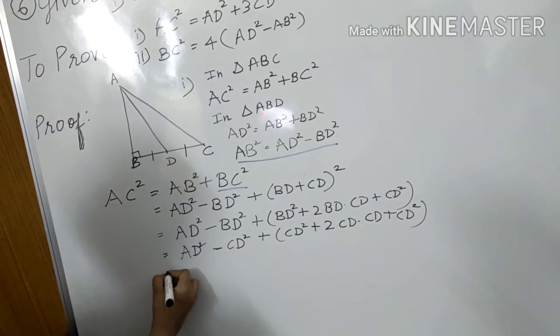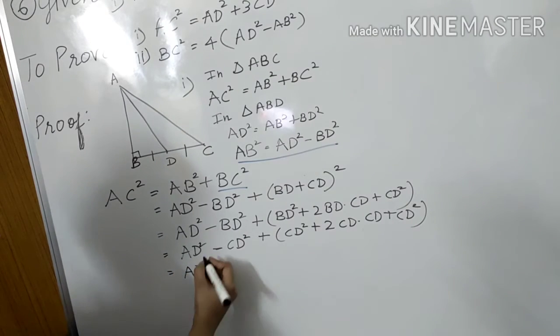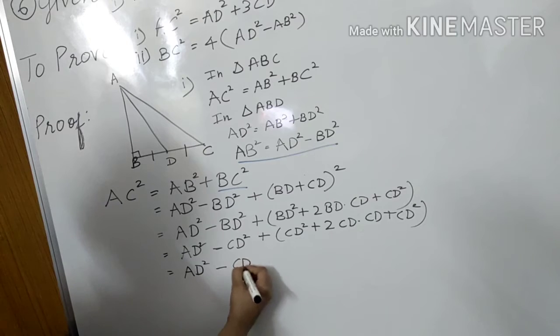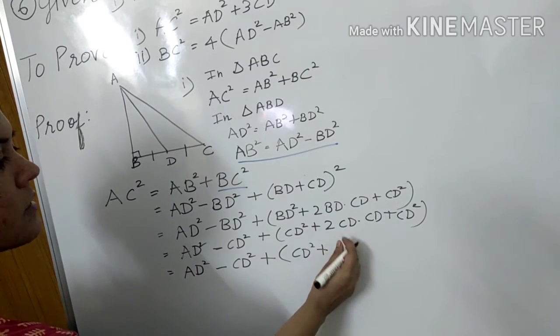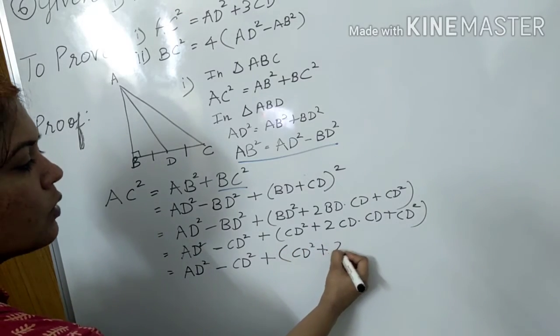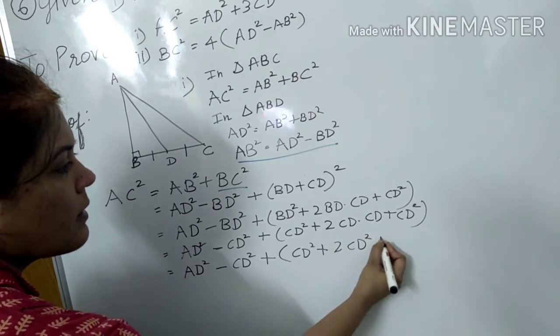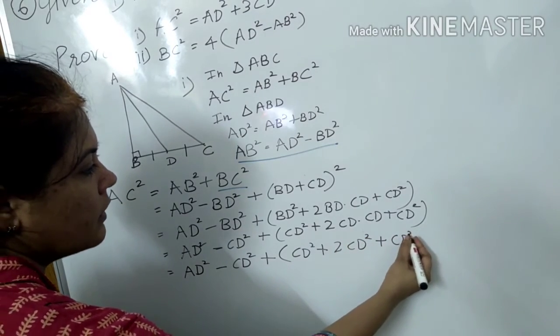Now here AD square as it is minus CD square as it is, plus here you see CD square plus 2CD into CD, 2CD square, plus CD square, in the bracket.